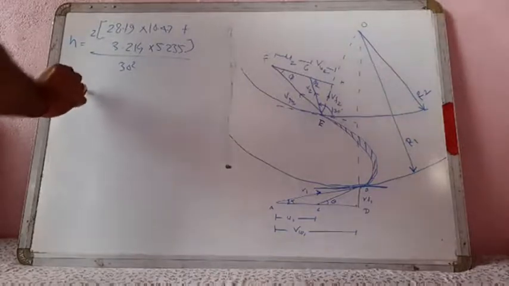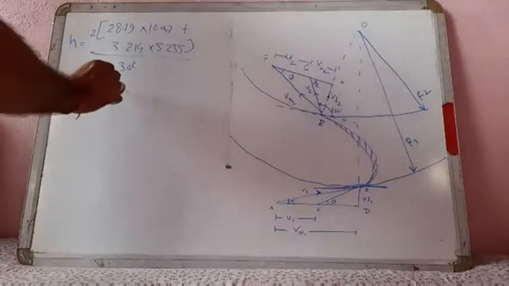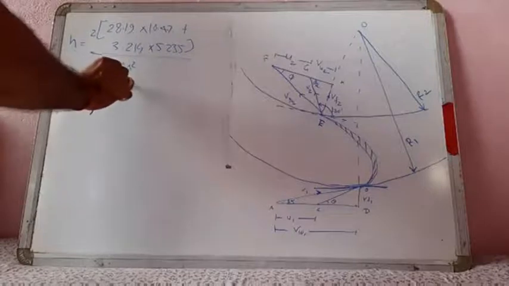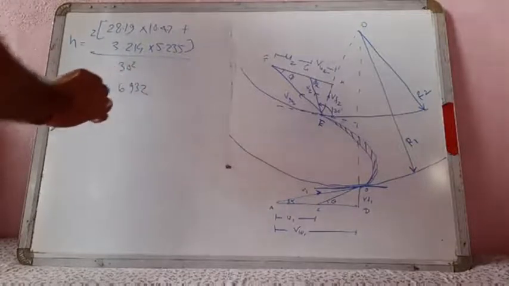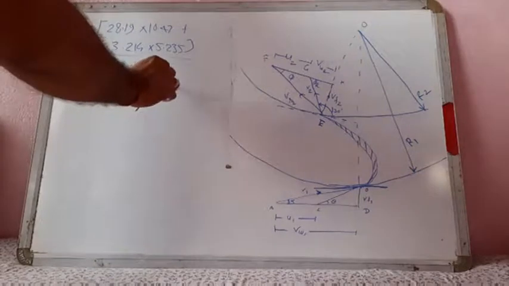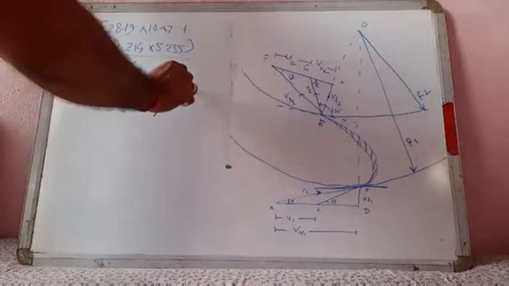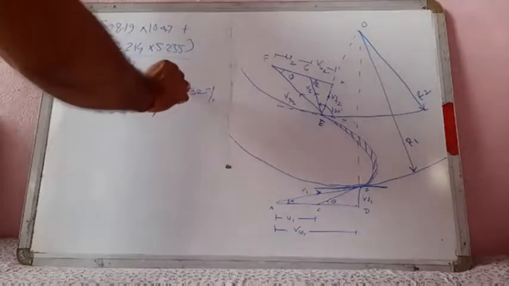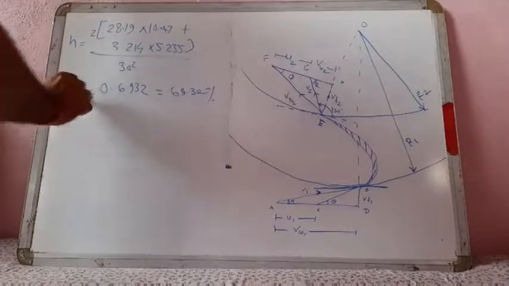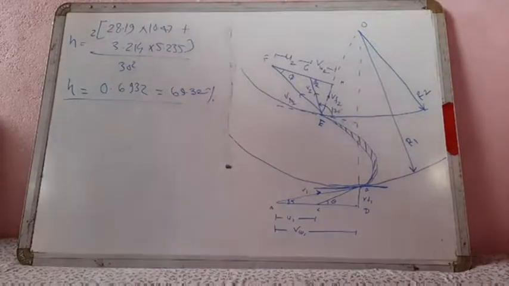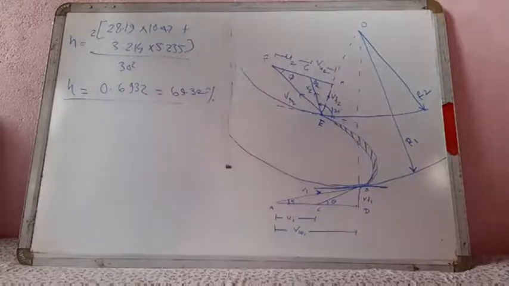So here the value is 0.6932, or this is 69.32%. This is the efficiency of this machine.